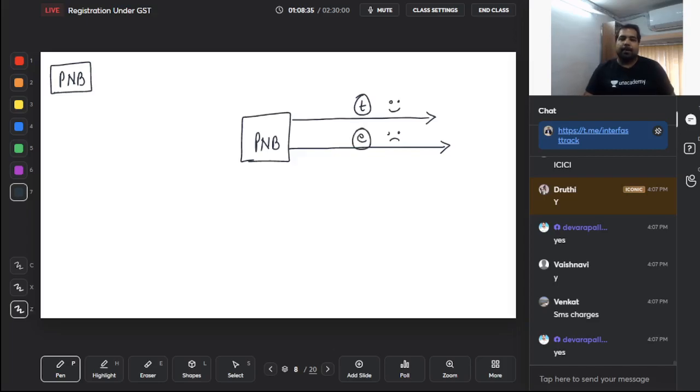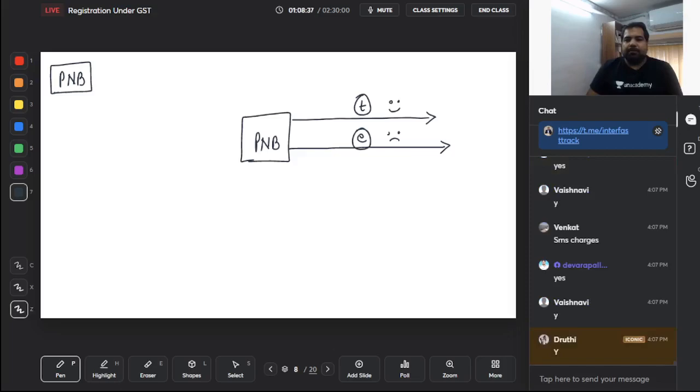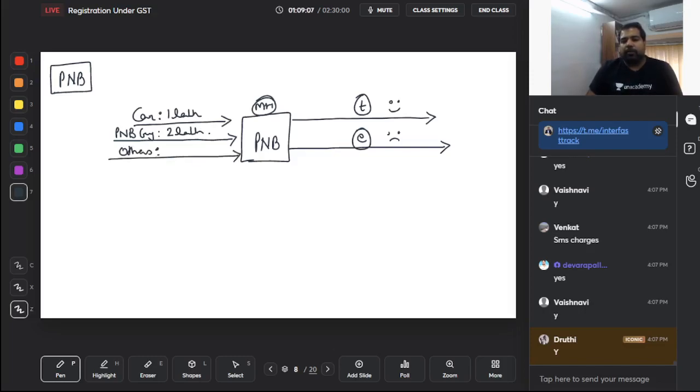Yes. And let's say PNB has a lot of credits this month. They bought a car for their boss. This is a car on which they paid GST of 1 lakh. Plus they have taken some services, this is PNB Mumbai, Maharashtra, and they've taken some services from PNB Gujarat for, let's say, 2 lakhs. Plus they have taken other services, other inputs for 3 lakh.